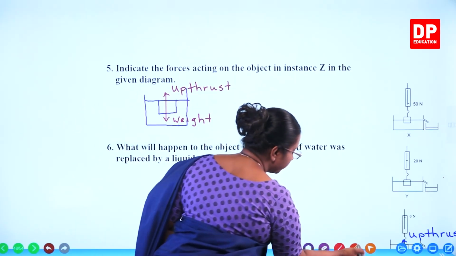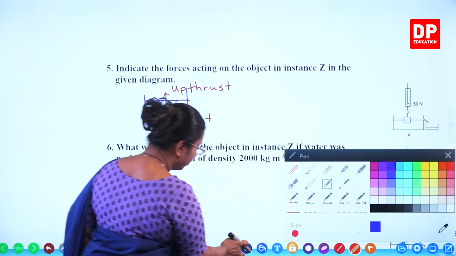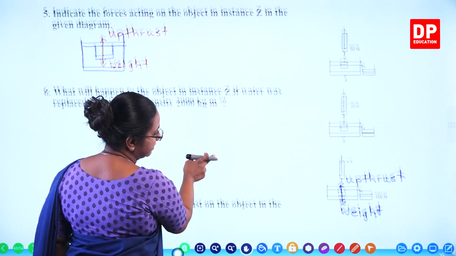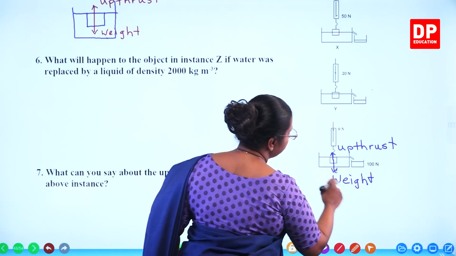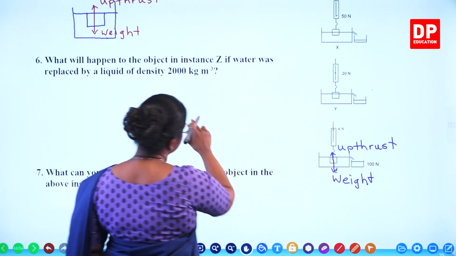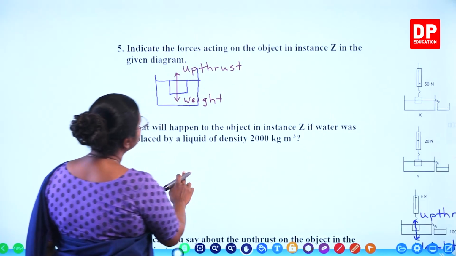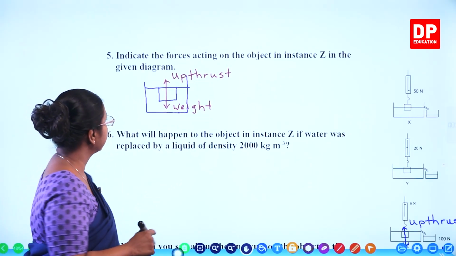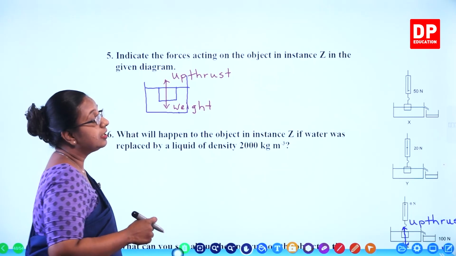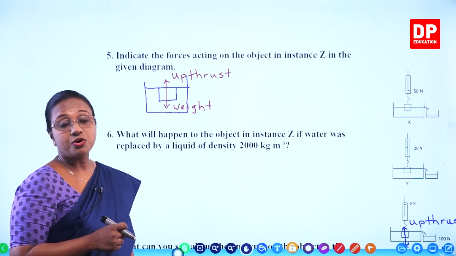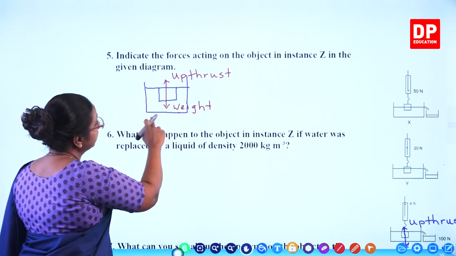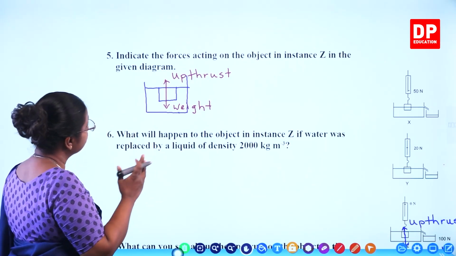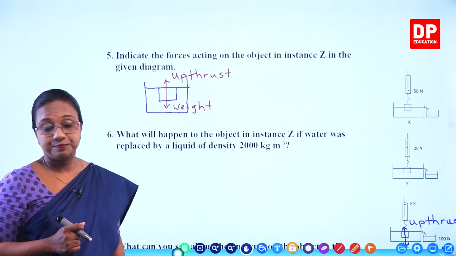According to the question, we are supposed to mark it in the diagram itself. So here you can see weight is equal to upthrust. To make it more clear to you all, I have shown it in the diagram here as well. I have not connected the Newton balance or given the values, just to show the forces only. Weight is down and upthrust is up.